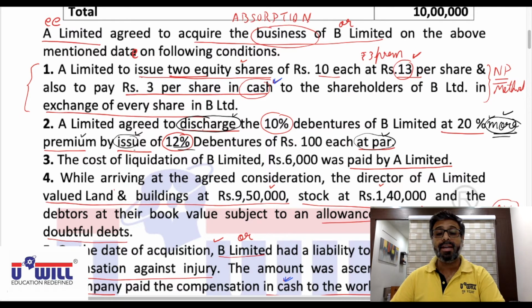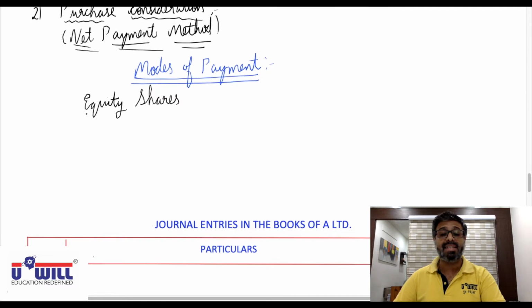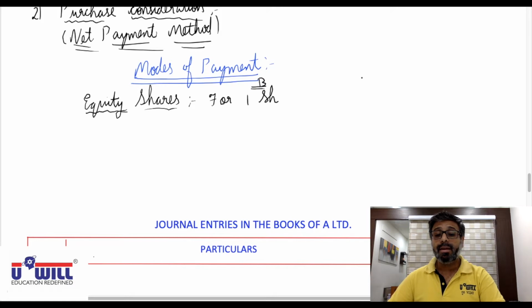Then directly read the last sentence: in exchange of every one share in B Limited. Second part always take first. In exchange of every one share of B Limited, means for one share of which company? B Limited. How many shares of A will be issued?